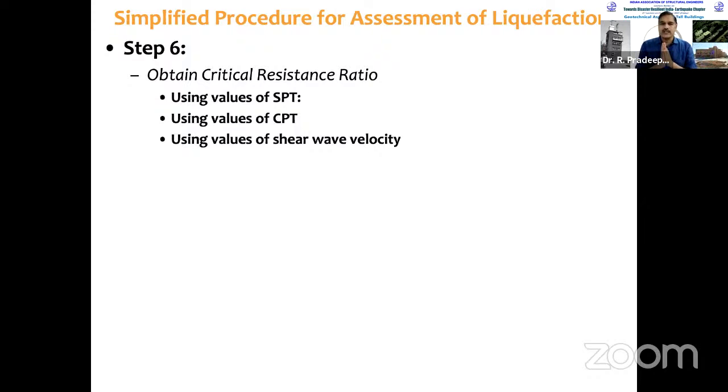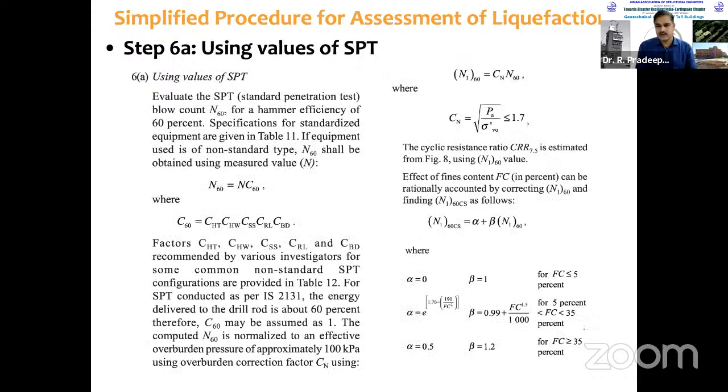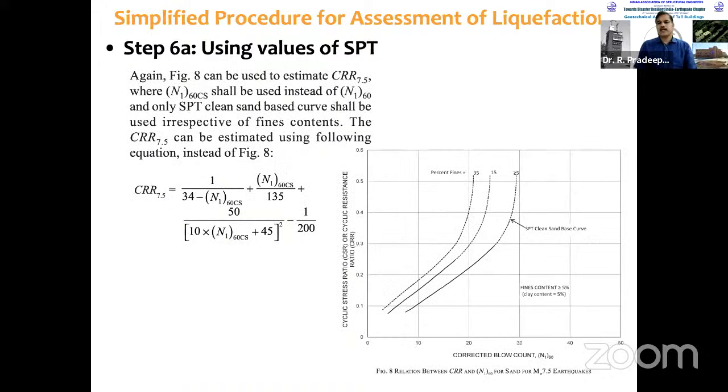The code suggests three ways of doing it: either using SPT blow count, or tip resistance in the cone penetration test, or using shear wave velocity. Let me give this one. The actual formulation is this: CRR is equal to some big equation, but with a single parameter, that is N1 60 CS.